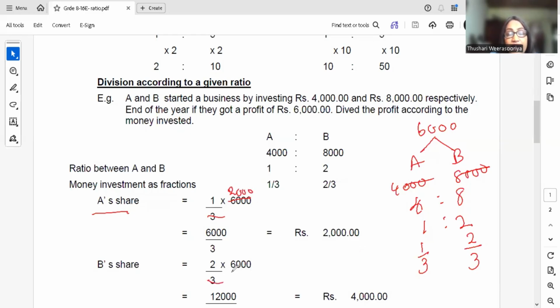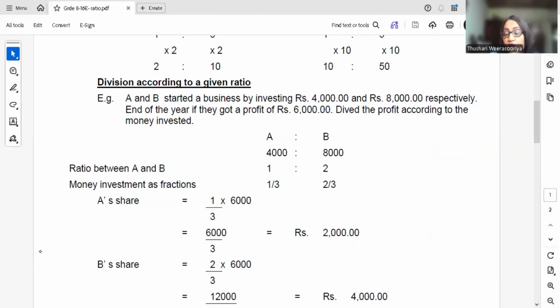Here, 2000 into 2 over 3, 3 times 2000 into 2, that is 4000. See, this is how they divide 6000 among A, B, 2000 for A, 4000 for B. I assume you can understand. We'll go further.